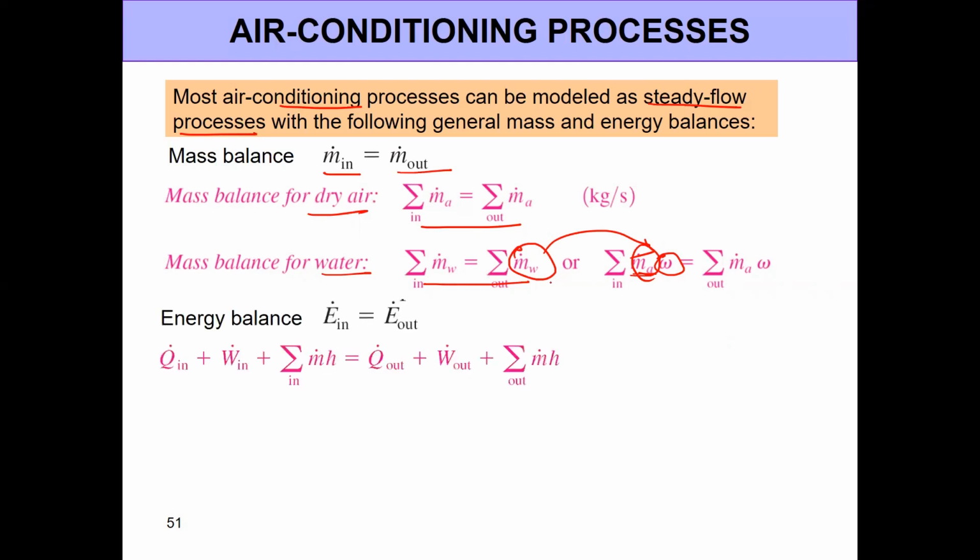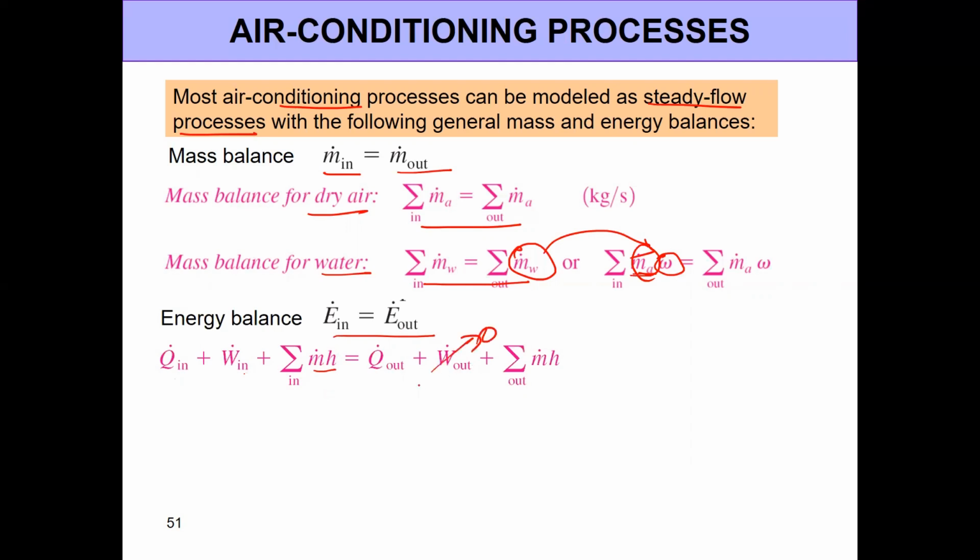Now, in terms of the energy balance, we can come up with this general energy balance equation where it talks about the different ways in which energy can come into the system, right? Heat in, work in, plus the flow work coming into the system, plus the usual terms for the energy going out of the system. Now, when we're talking about air conditioning systems, there's no work out, right?